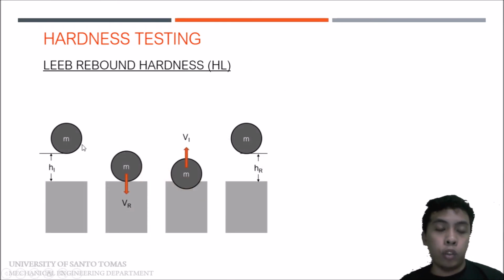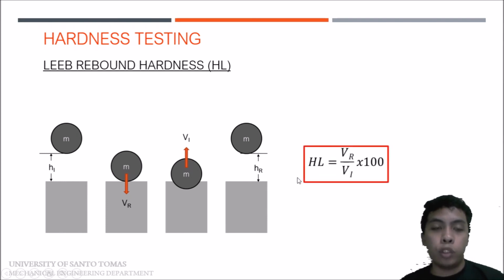So this is its working principle. Initially, the carbide tip is located at a specific height or distance from the surface. And then, if we release the spring force, you will have an impact. This velocity is the velocity of impact. After it hits and sinks to a certain depth, it will move upward with the velocity of rebound, and it will eventually return to its first position, HR.